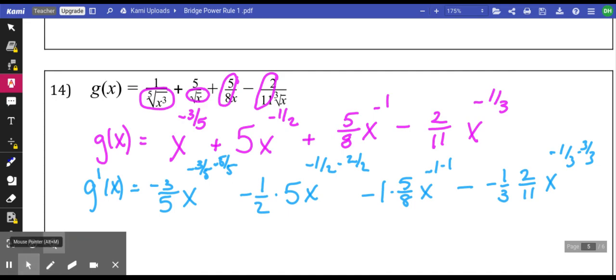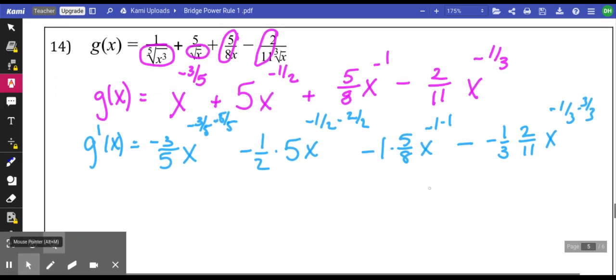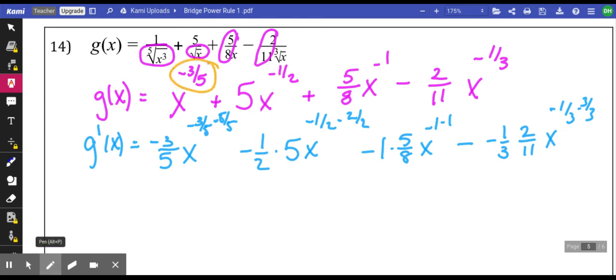All right, so I think I have my derivative that I'm comfortable with. Took this exponent, brought it down, so negative 3/5. And I have negative 3/5 minus 5/5, so that's going to be x to the negative 8/5. I brought down my negative 1/2. I'm going to make that a fraction, so this is going to be minus 5/2.